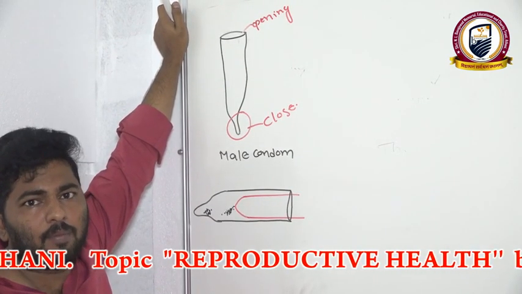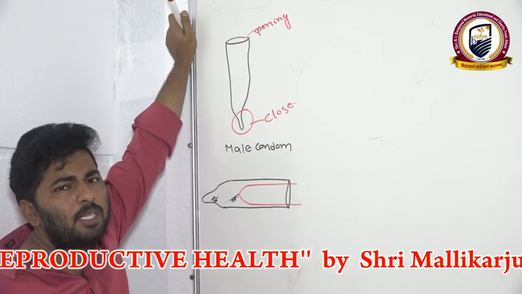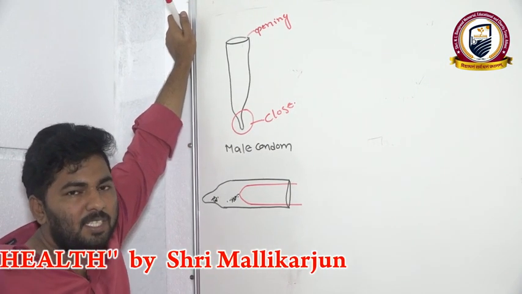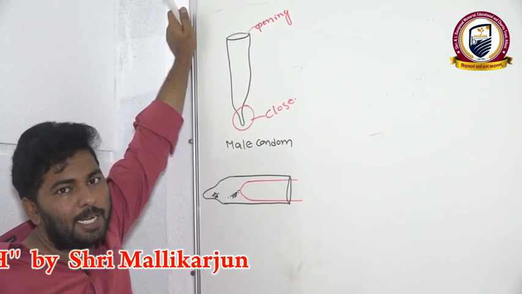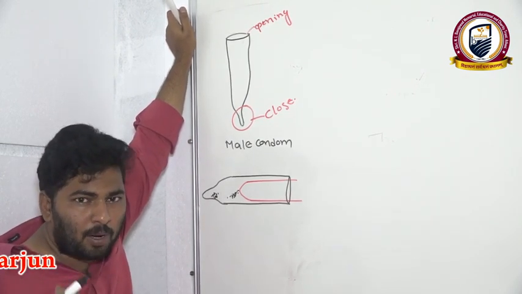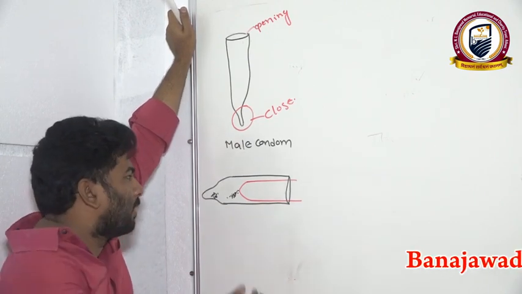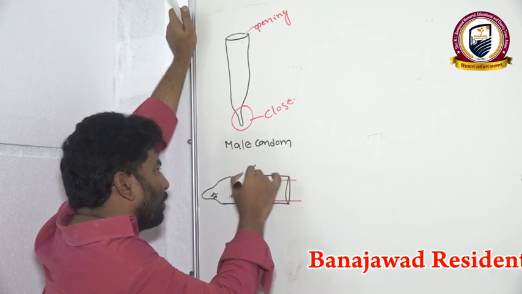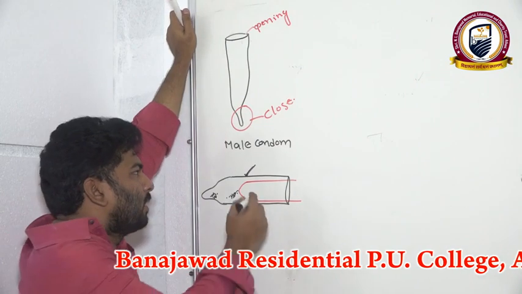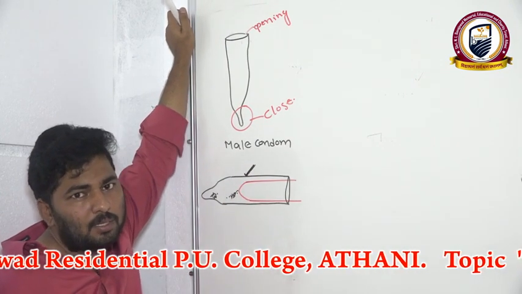But one drawback of these barrier methods is the chance of failure: sometimes breaking is possible, because of heat, rubbing and heat produced while participating in sexual contact. That's why some people use these barriers double during sexual contact.